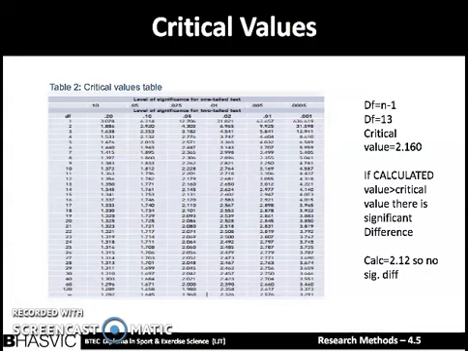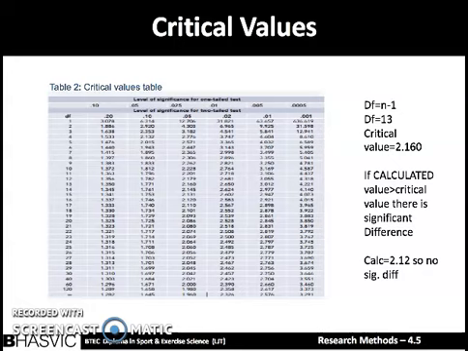So you look down the DF column on the left, down to 13, and then you'd go along to 0.05, because we're looking at the level of significance of 0.05 for a two-tailed test. So you go along and find that your critical value is 2.160 in this case.